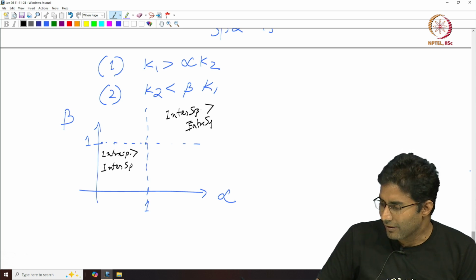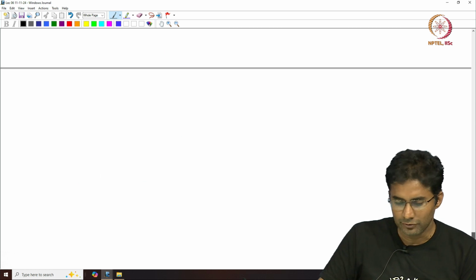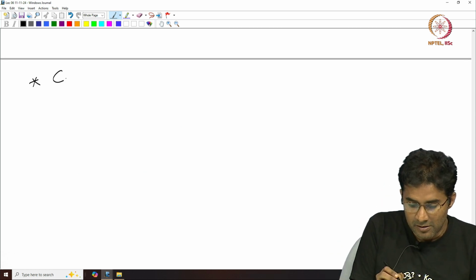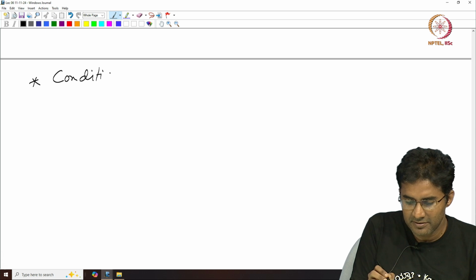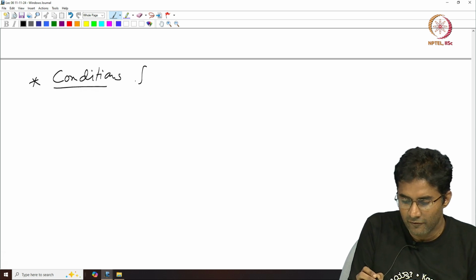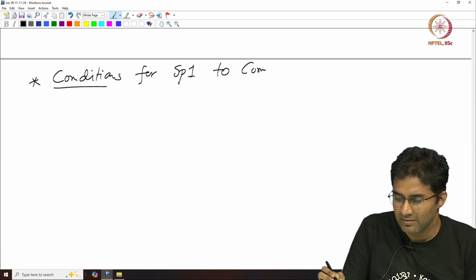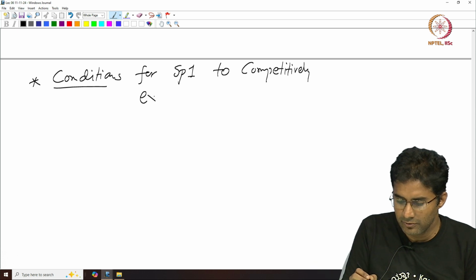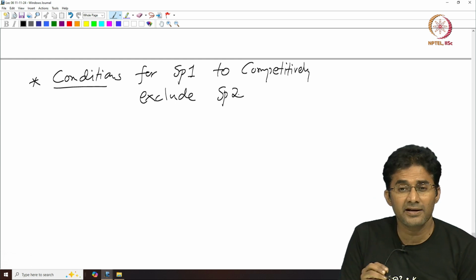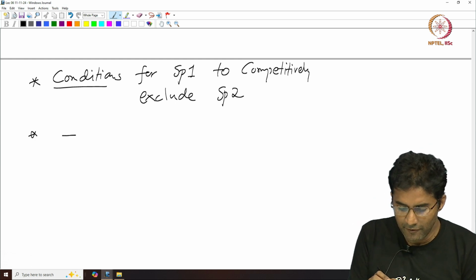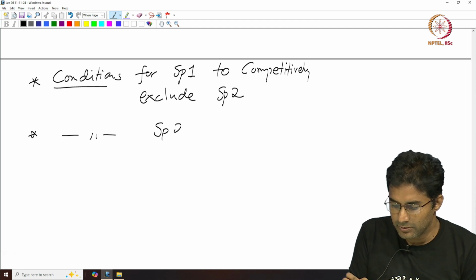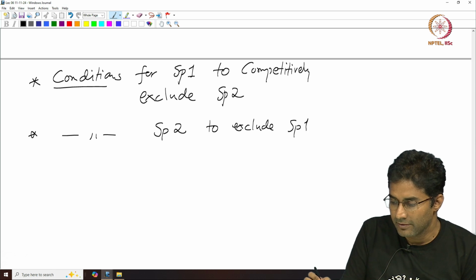So far what I have shown you is the set of conditions for species 1 to competitively exclude species 2. As an exercise, I encourage you to think about what are the conditions for species 2 to exclude species 1.